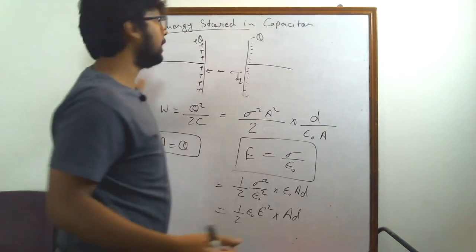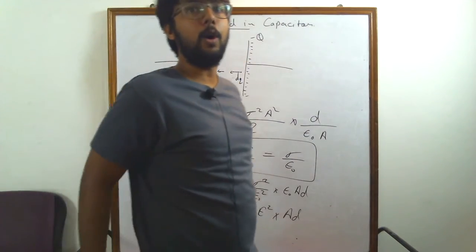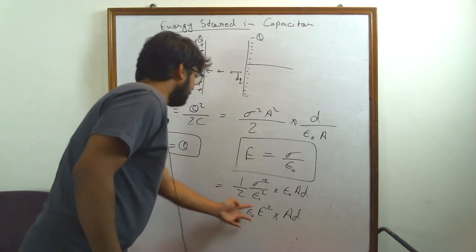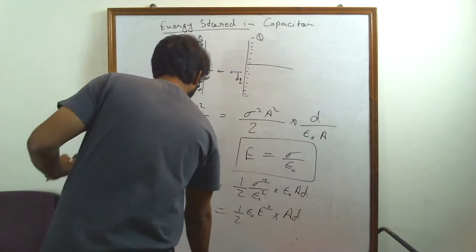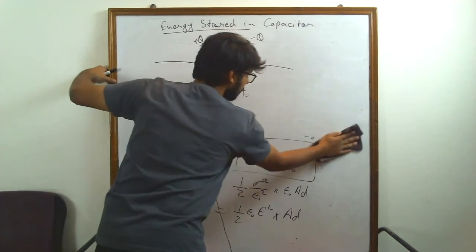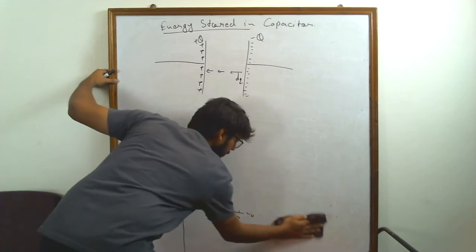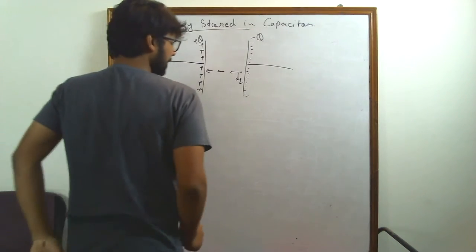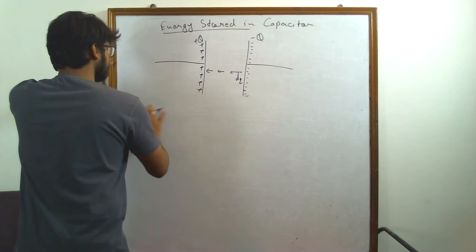Now what is A into D? A into D is essentially the entire volume of this capacitor. So what if I divide this by A into D, or the volume? What do I get? Remember, this is the total energy stored, because we were looking at the work done against the electric field. So this was the total energy stored in the capacitor.